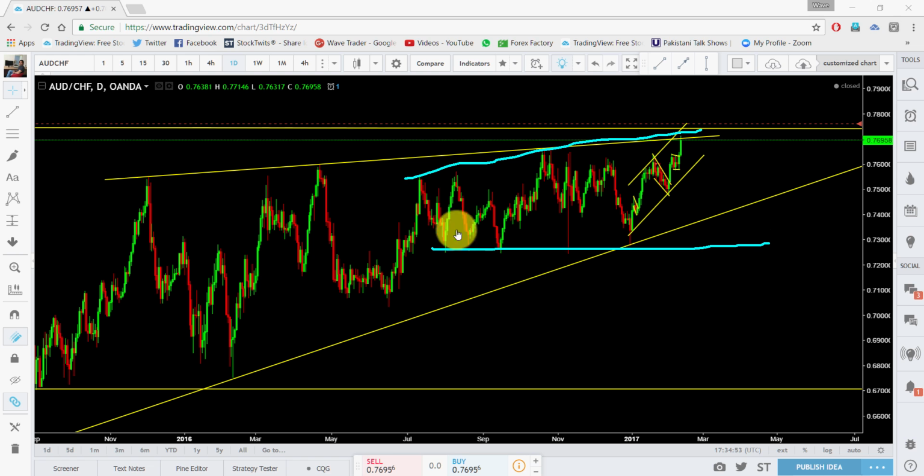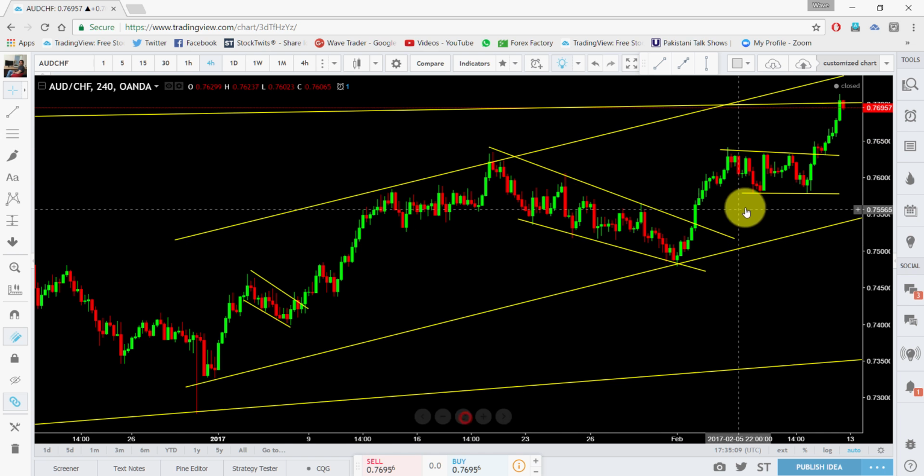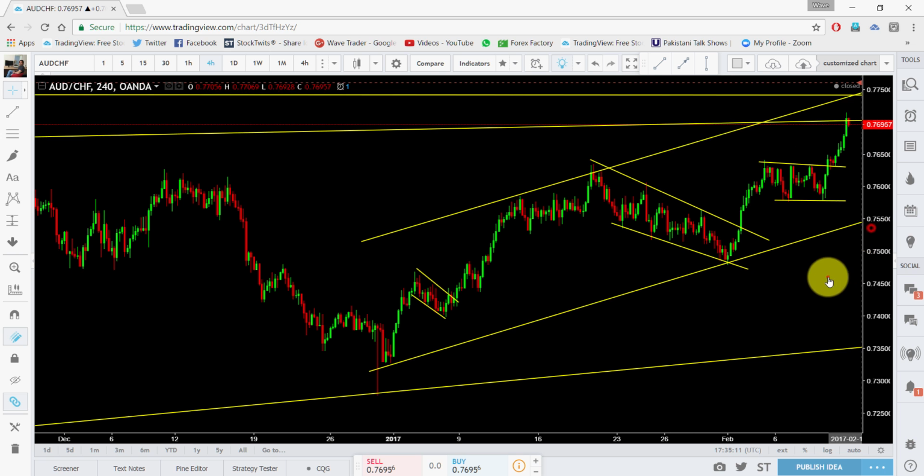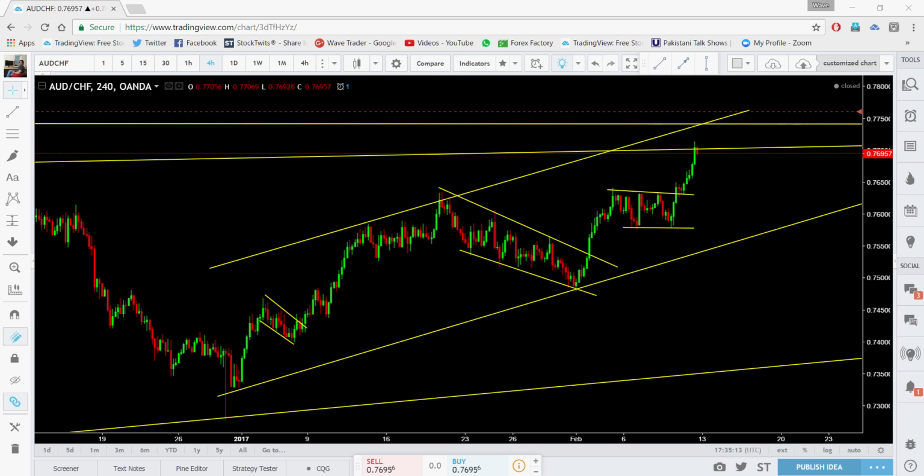We have spoken about this formation as well when price was here at this place. I warned you that price can break up and can test the upper trend line as well. So we can see over there price is testing the trend line.